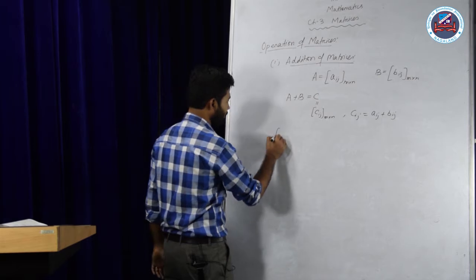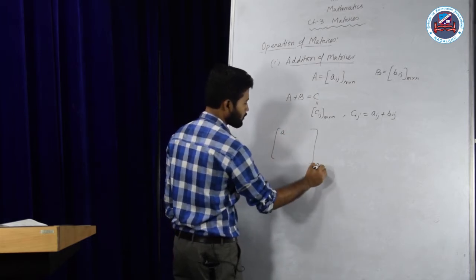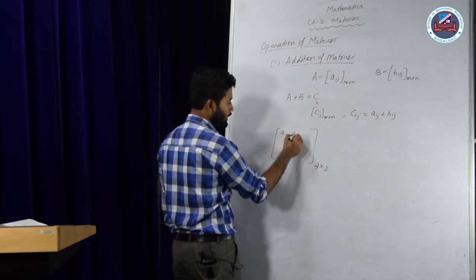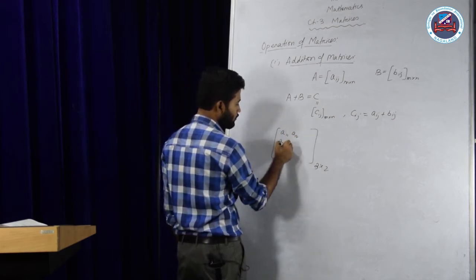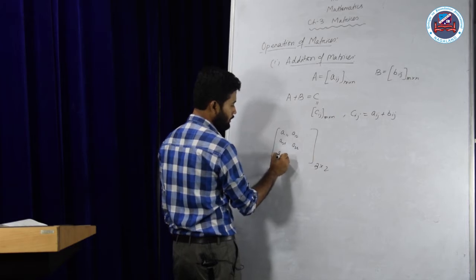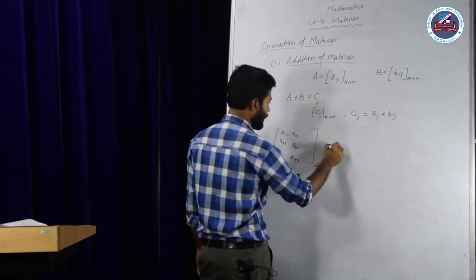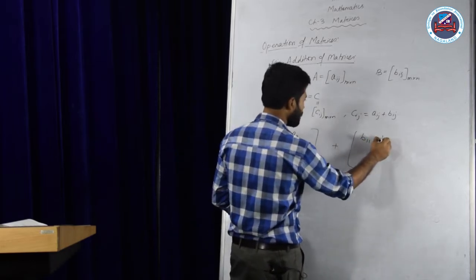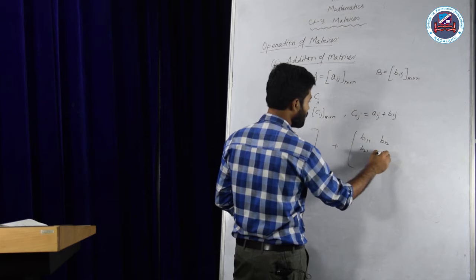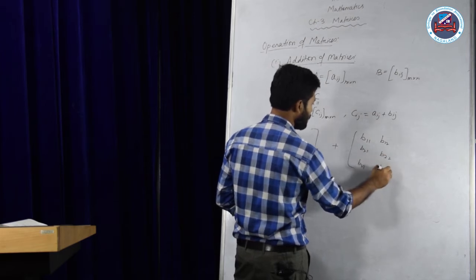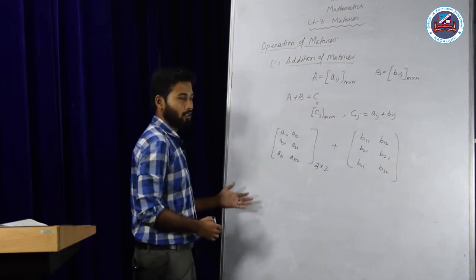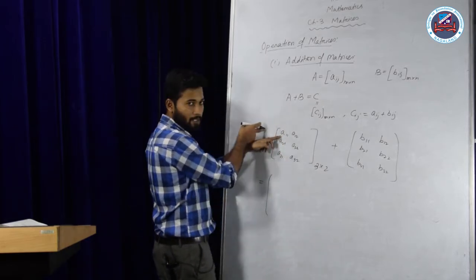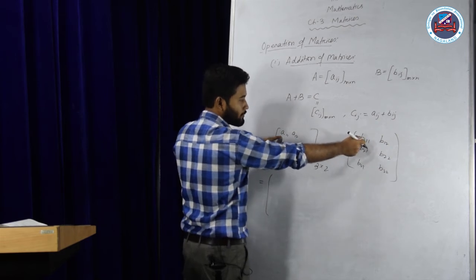If I take a specific example, suppose this is a 3 cross 2 matrix, that means 3 rows and 2 columns: A11, A12, A21, A22, A31, A32, and I want to add this matrix with another one, and let that be B11, B12, B21, B22, B31, B32. So how to add it? Simply add the first element of the first matrix with the first element of the second matrix.